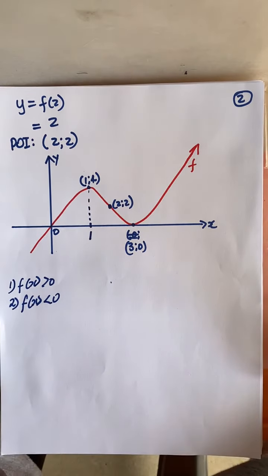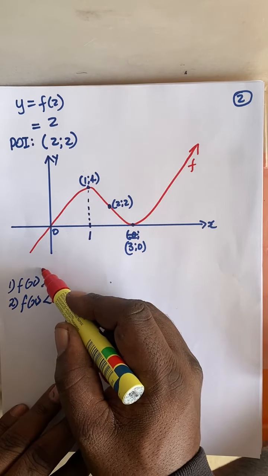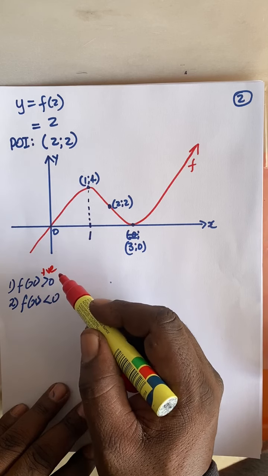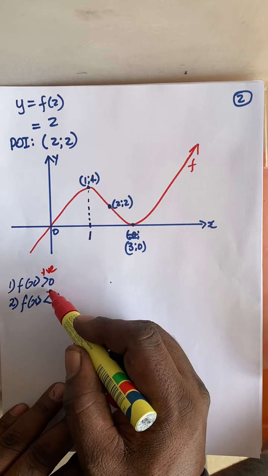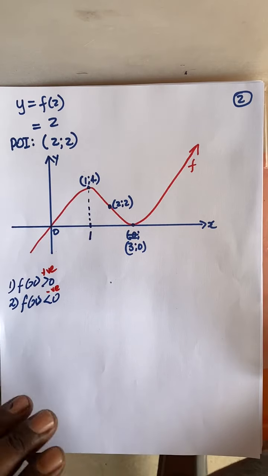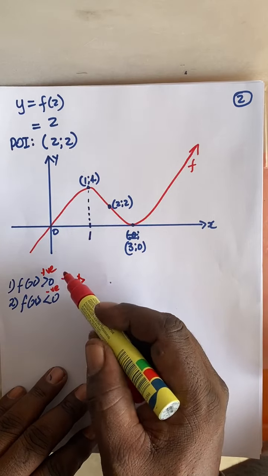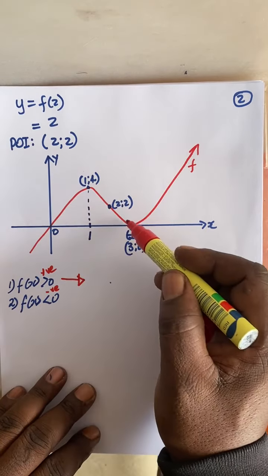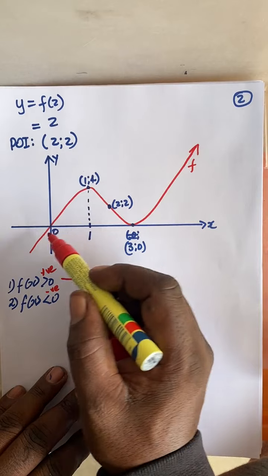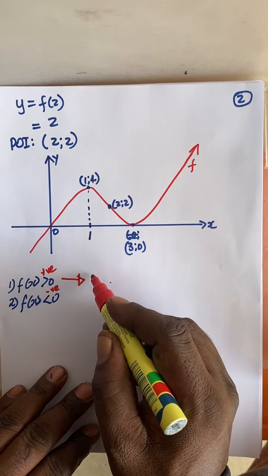Greater than 0 means positive. So it means we want the x values where the graph is positive. f of x less than 0 means the x values where the graph is negative. So in terms of a solution, I look at where the graph is above the x-axis, from 0 to positive infinity.